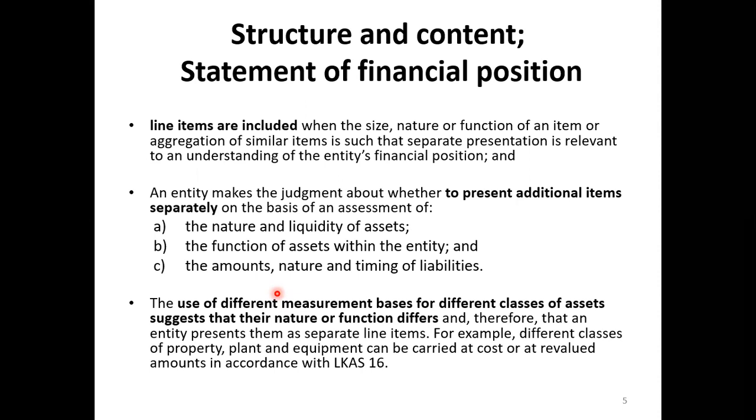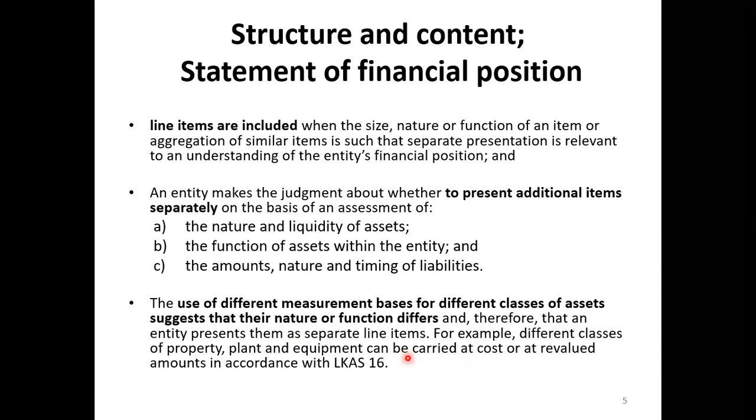The use of different measurement bases for different classes of assets suggests that their nature or function differs, and therefore that an entity should present them as separate line items. For example, different classes of property, plant, and equipment can be carried at cost or at revalued amount in accordance with LK 16.